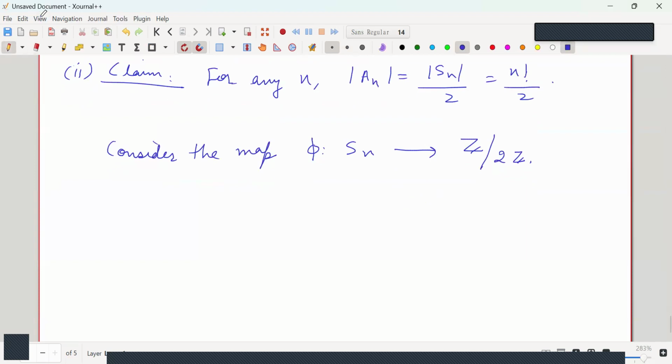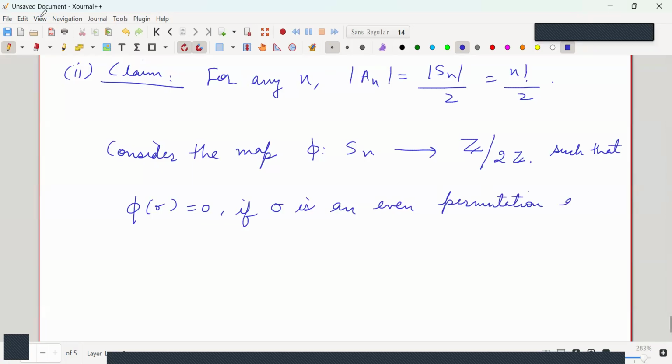So, first, phi of sigma is 0 bar if sigma is an even permutation, and phi of sigma is 1 bar if sigma is an odd permutation.